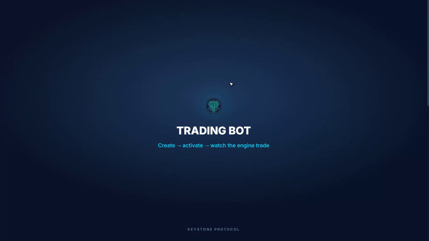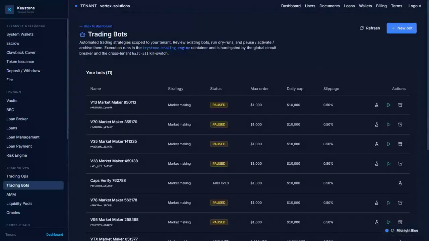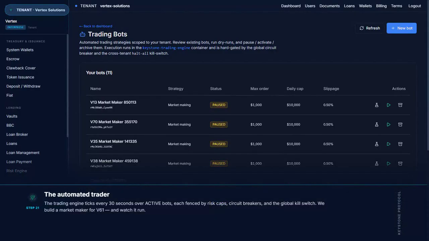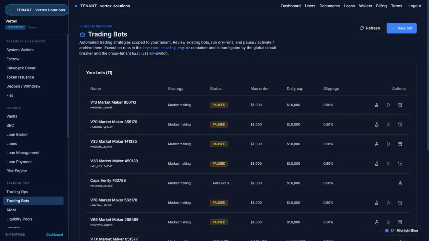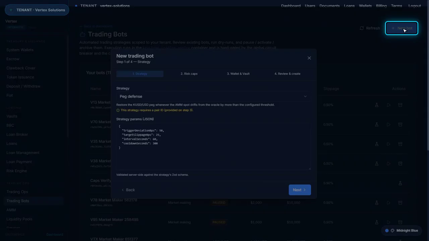Trading bot. Create to activate to watch the engine trade. The automated trader. The trading engine ticks every 30 seconds over active bots, each fenced by risk caps, circuit breakers, and the global kill switch. We build a market maker for VER61 and watch it run.